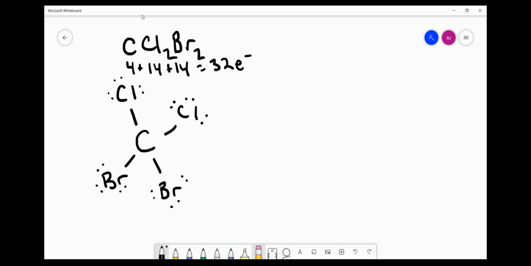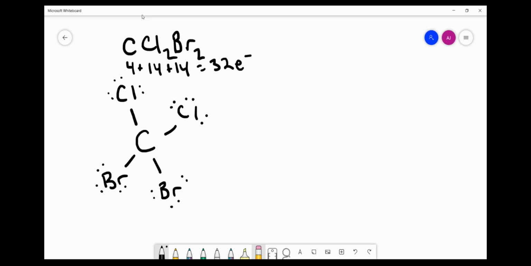And now to make sure I've got the correct structure, I make sure that every element has a completed octet. So chlorine 8, remember an octet, lone pairs plus bonded pairs, right? Chlorines, bromines, they each have an octet.